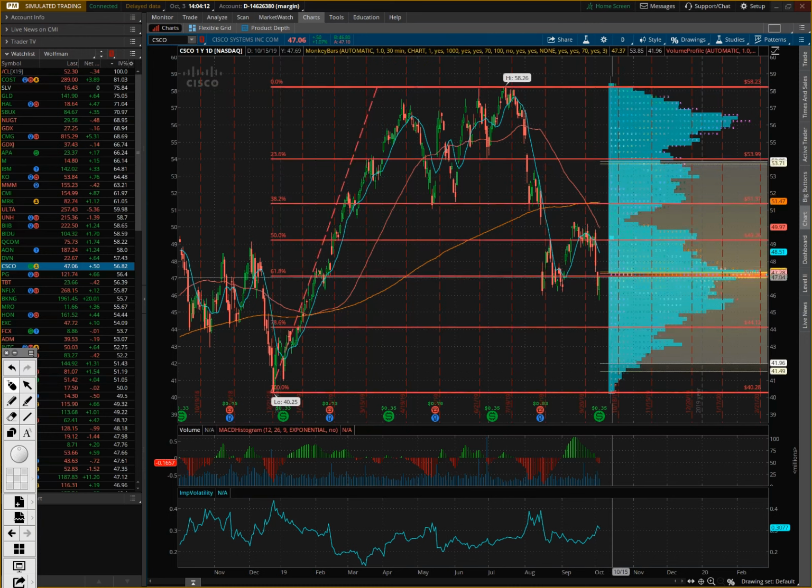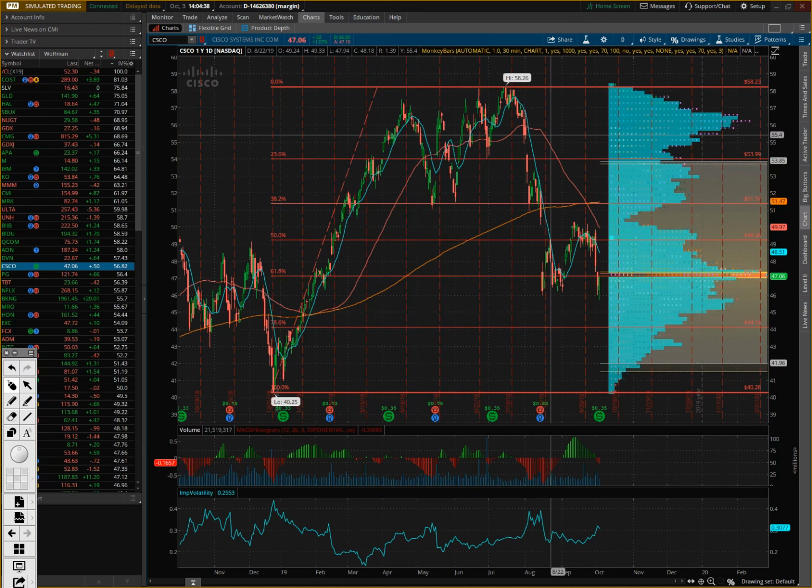I would probably be out on this one at $51. If it started breaking above that, that would be where my out is if I was bearish. And my profit target is going to be down here at around $40. I would look for it to go down and test the bottom or down in here somewhere. So if I were bearish in Cisco, I would throw stuff up like that.